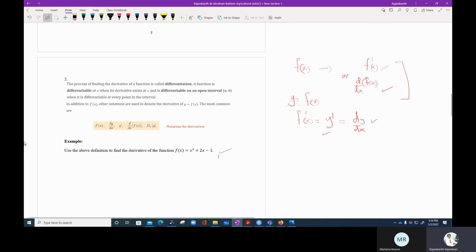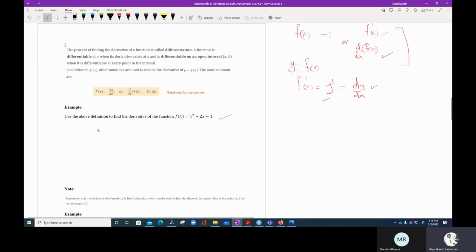The question: use the above definition to find the derivative of this function. They're asking you to use the definition, so I'm going to use the derivative definition for the function f. Remember the definition: the derivative of any function f is given by f prime of x, which is the limit as delta x goes to 0 of f of x plus delta x, minus f of x, over delta x.